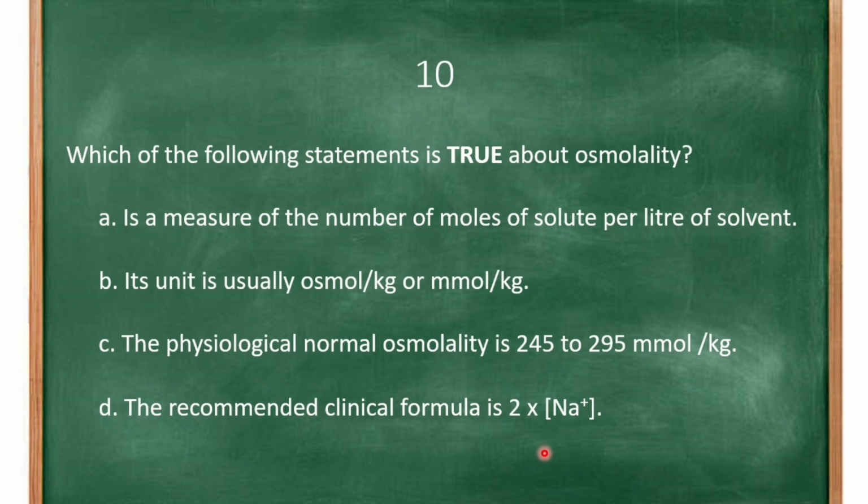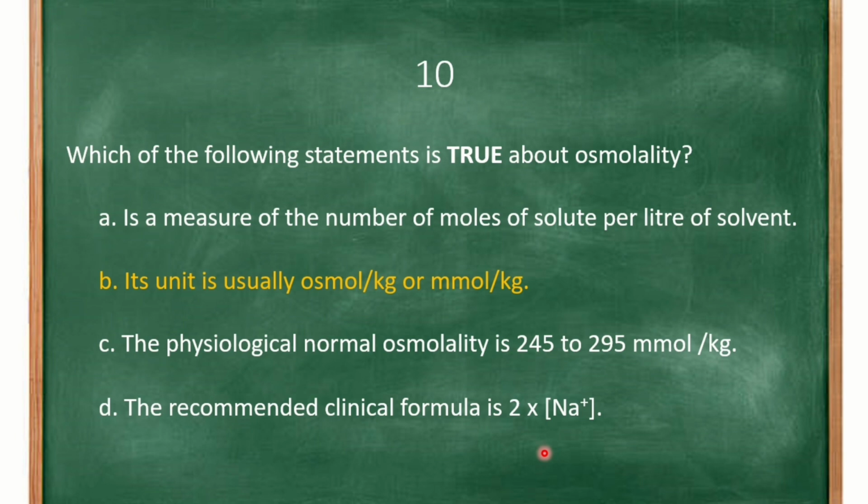C, the physiological normal osmolality is 247 to 295 millimole per kilo. And option D, the recommended clinical formula is 2 times the concentration of sodium. So the correct answer for number 10 is B. Its unit is usually osmoles per kilogram or millimole per kilogram.